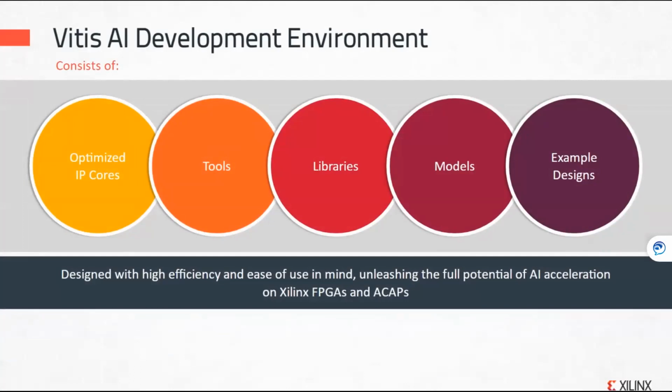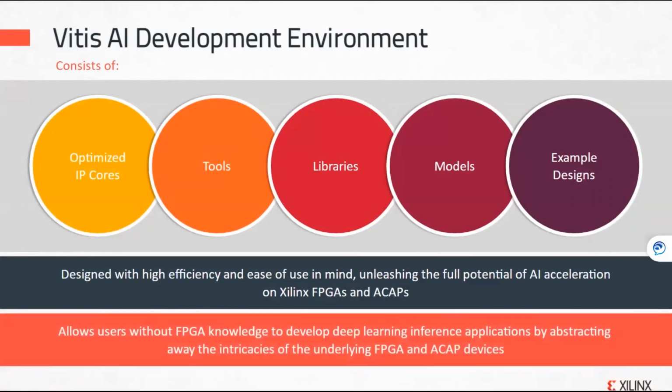It is designed with high efficiency and ease of use in mind, unleashing the full potential of AI acceleration on Xilinx FPGAs and on adaptive compute acceleration platforms, or ACAPs. The Vitis platform makes it easier for users without FPGA knowledge to develop deep learning inference applications by abstracting away the intricacies of the underlying FPGA and ACAP devices.